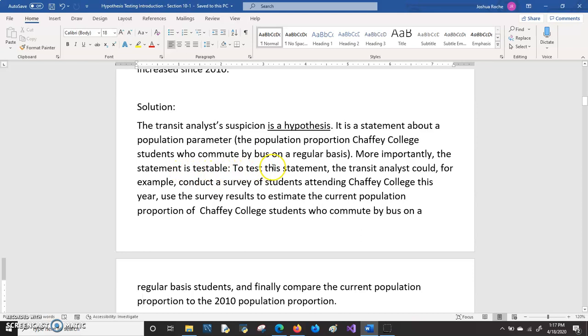To test this statement, the transit analyst could, for example, conduct a survey of students attending Chaffey College this year, use the survey results to estimate the current population proportion of students who commute by bus on a regular basis, and then compare that current population proportion to the 2010 population proportion.